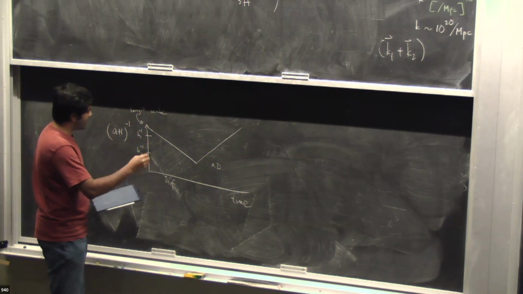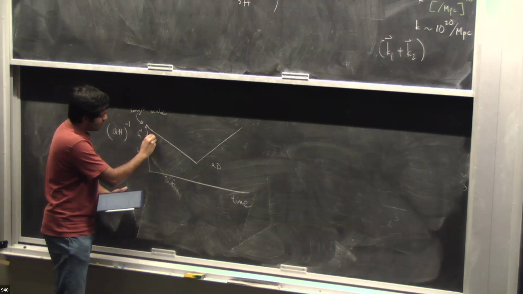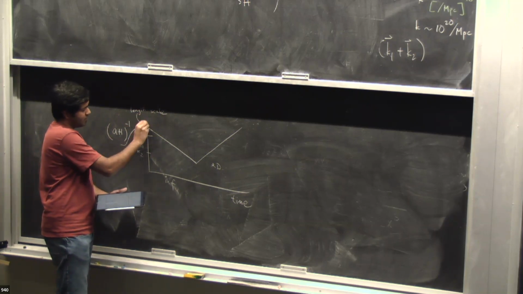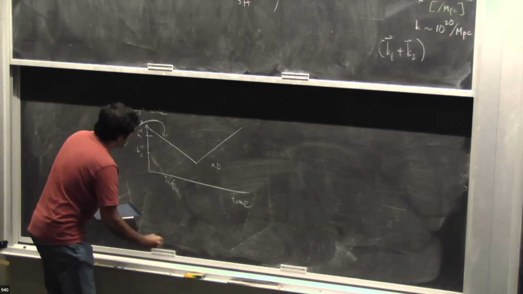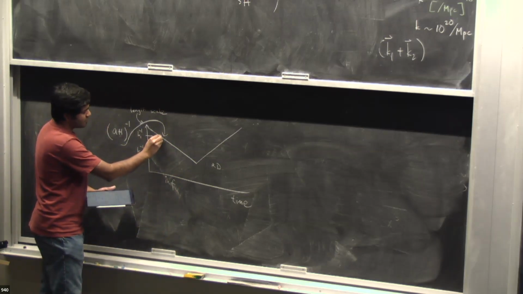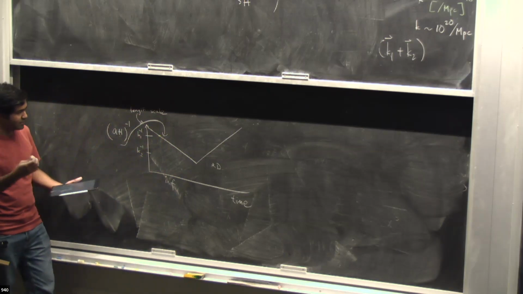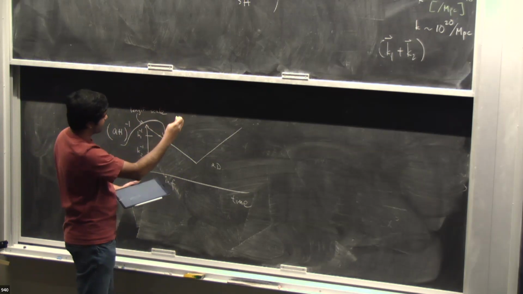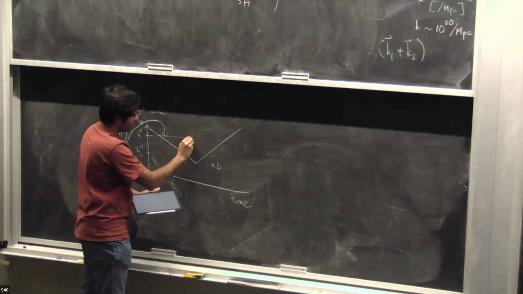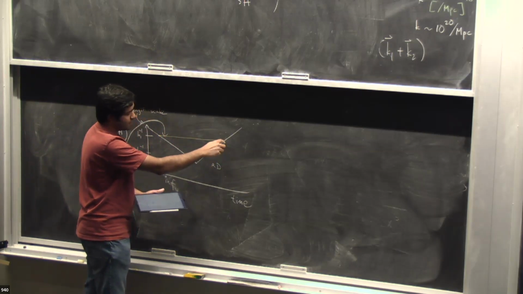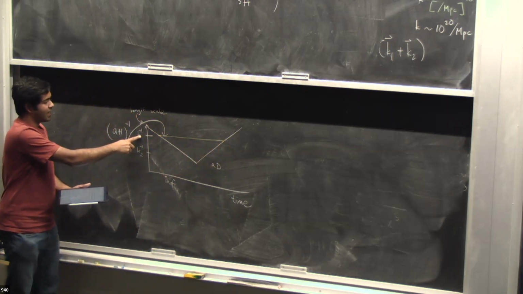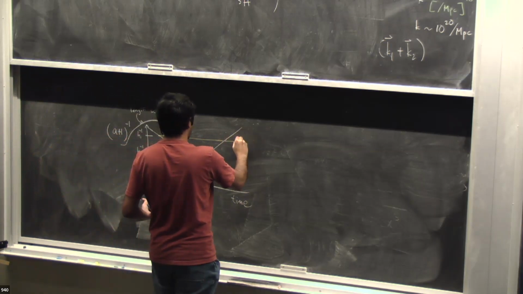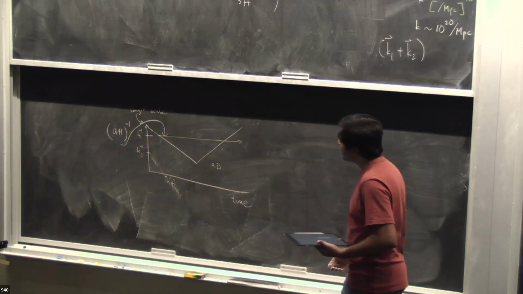So this is (aH) inverse, that is basically this line over here. Whenever this mode crosses this point, that's when the mode exits the horizon. It basically mostly freezes, up to that exponential suppression. Eventually it comes back inside the horizon when k becomes larger than aH, and then it does other things that I'll be talking about.